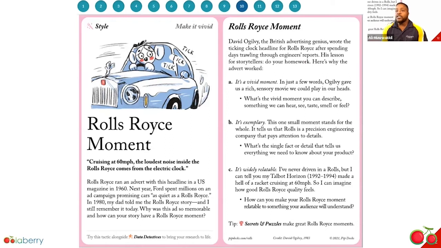My Rolls-Royce moment was at the beginning, and I wanted to catch the audience right away. This one small moment stands for the whole. It tells us Rolls is a precision engineering company that pays attention to detail, and it's widely relatable. I've never driven a Rolls-Royce, but I can tell you that this one made a hell of a racket cruising at 60 miles an hour.